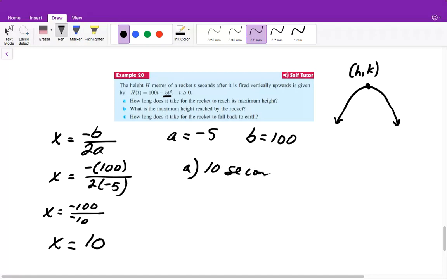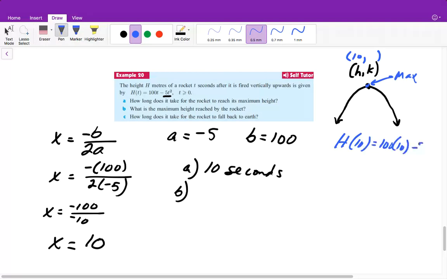So 10 seconds. Then for B, it says, what is the maximum height reached by the rocket? Once we've solved for the x value of our vertex, which is 10, we solve for the y value of our vertex, which tells us our maximum or minimum. Since this is facing down, this gives us our maximum value, so we substitute it in. h of 10 is equal to 100 times 10 minus 5 times 10 squared.